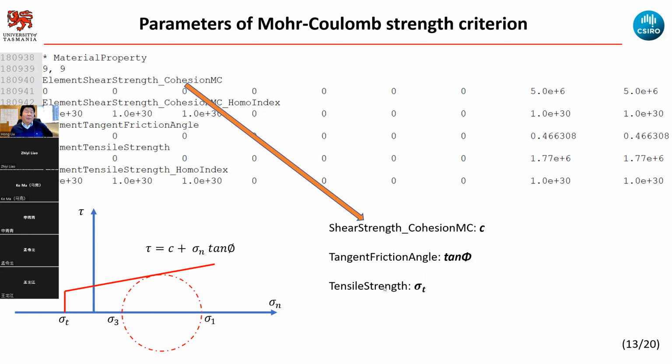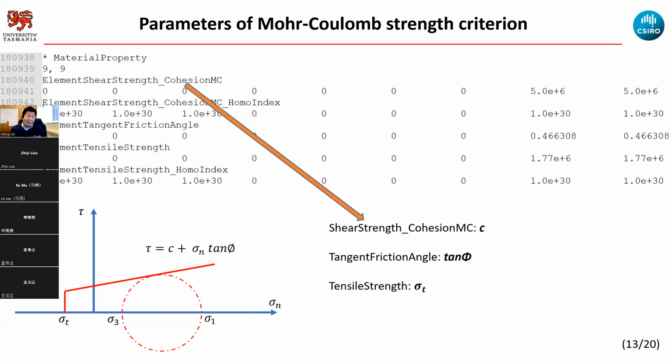According to the principle of the FDEM, failure only happens along the cohesive element. So in that case, for us to give the property, we only need to give it to the cohesive element. For the triangle element, actually you do not need to give it. So we regard the triangle element as elastic.